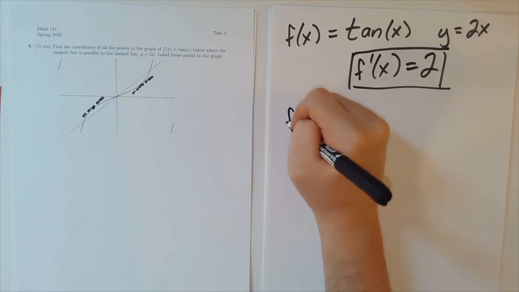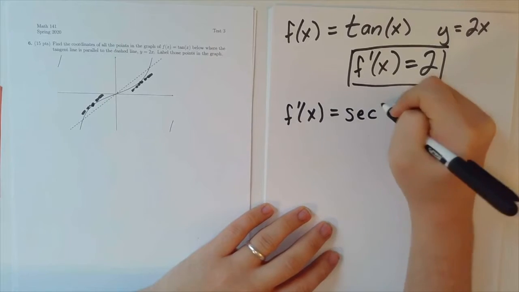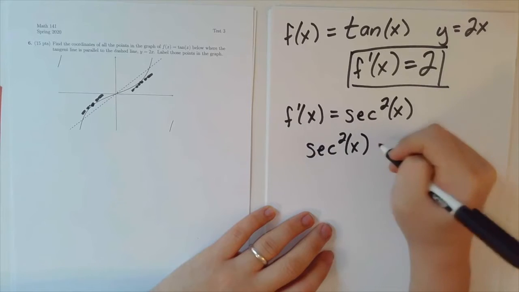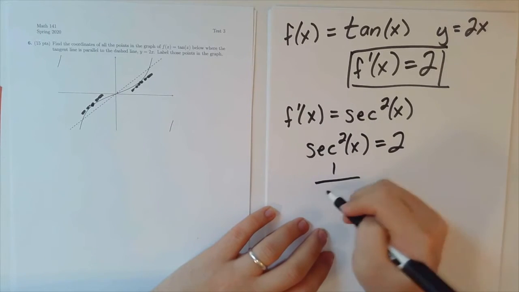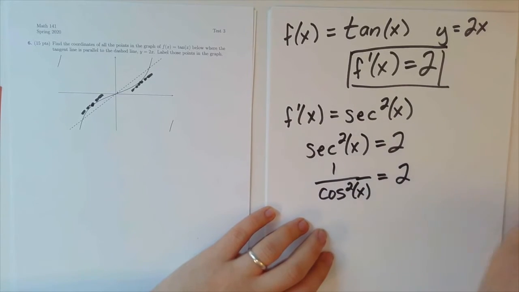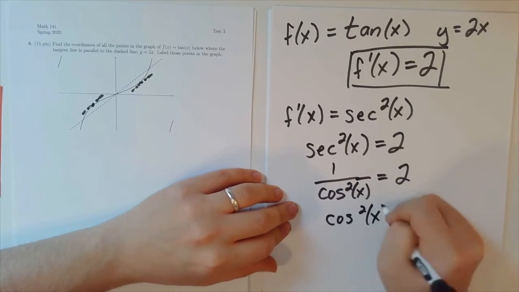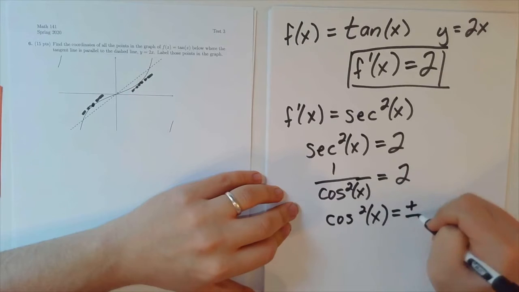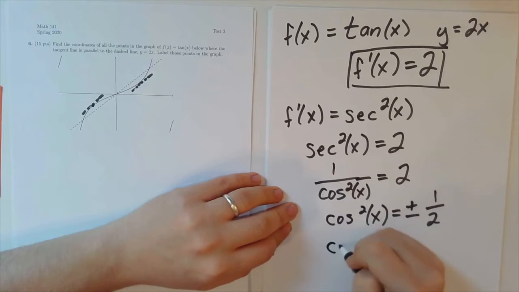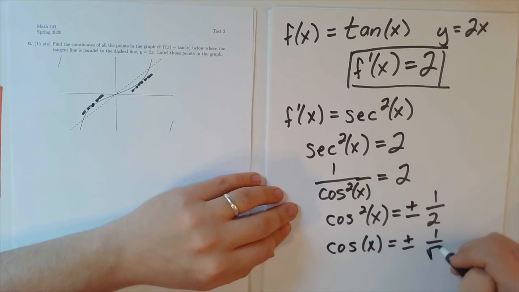Okay, so to do that, we're going to take f prime of x, and that is going to give us a secant squared of x. And so I'm going to set secant squared of x equal to 2. Really 1 over cosine squared of x is equal to 2, okay, which is to say cosine squared of x is 1/2, which is to say cosine of x is plus or minus 1 over root 2.